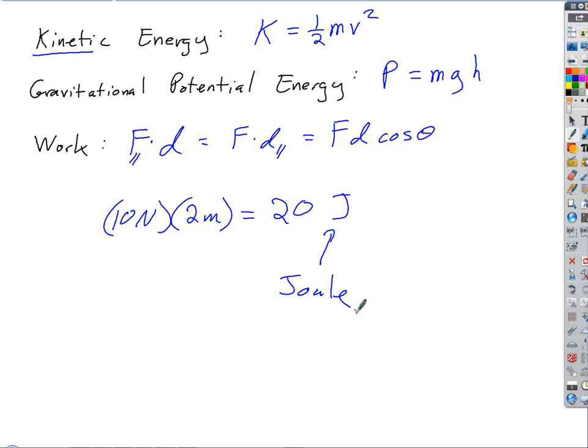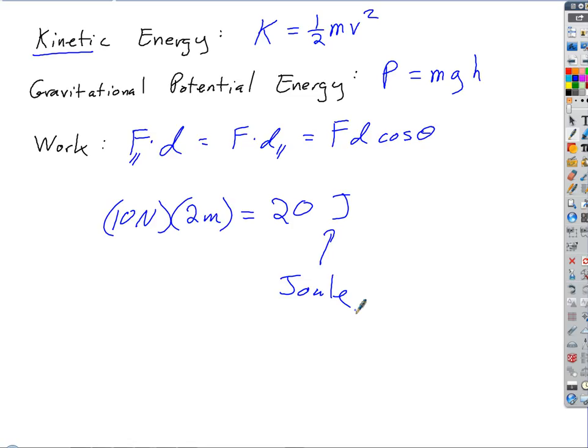If the object was moving in the positive direction and I pushed on it in the negative direction, then the force I applied was in this direction, but the displacement was in this direction. That makes it negative because the component of force is in the opposite direction of the displacement, right?